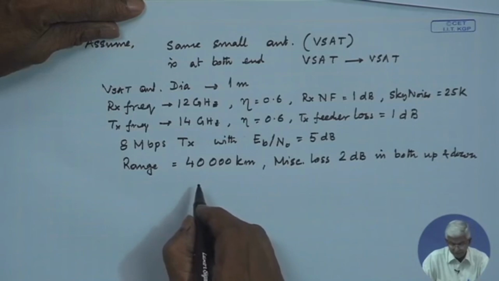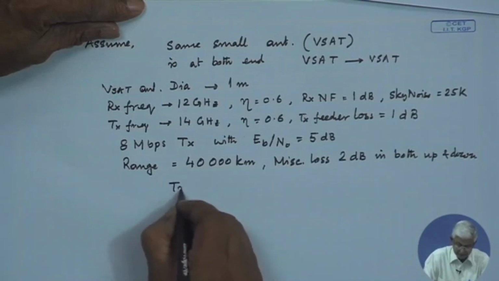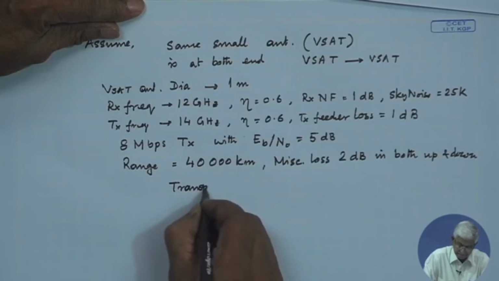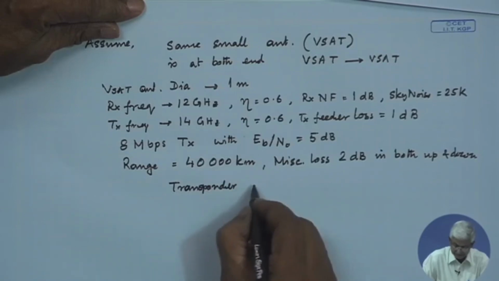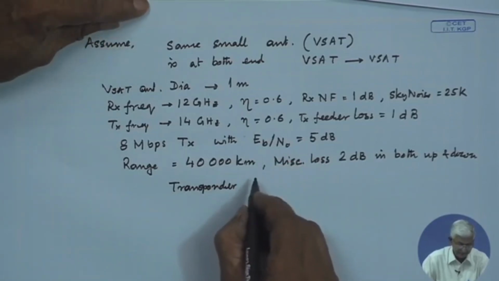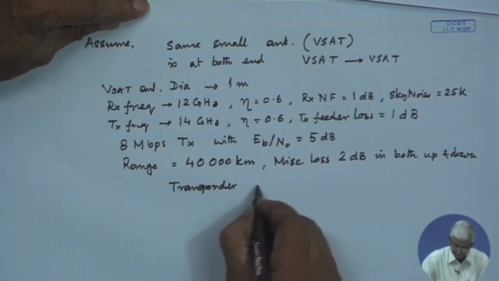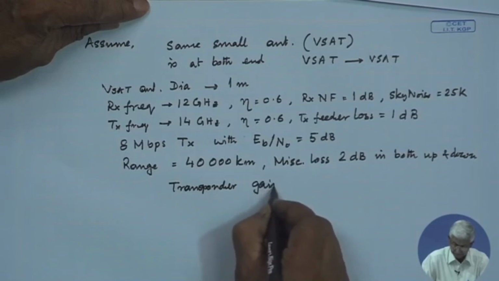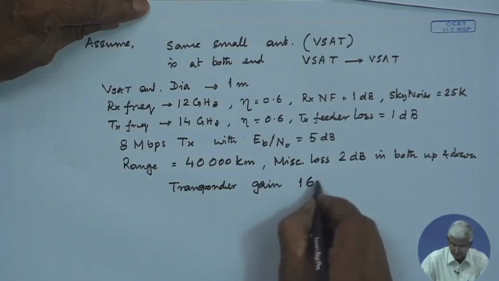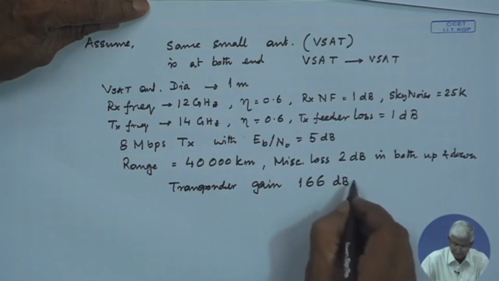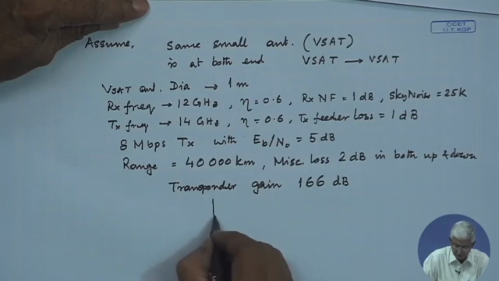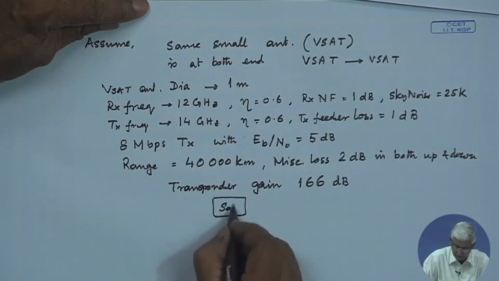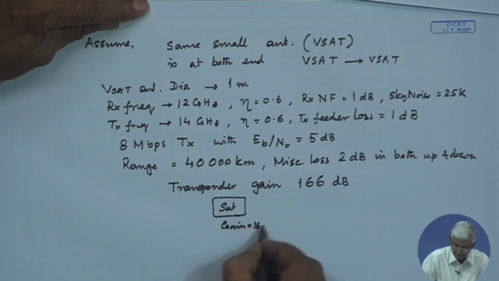And for easy calculation, we will take the transponder, or we should say the satellite, including the antenna, everything, the transponder block gain, let us take the number 166 dB. When I say transponder gain, it is as if the satellite block gain is 166 dB.